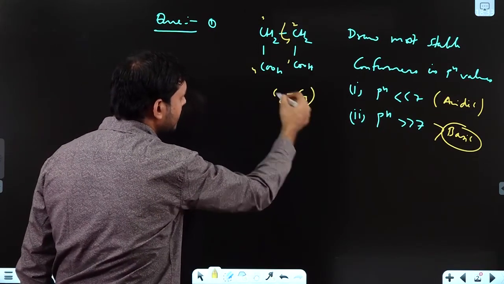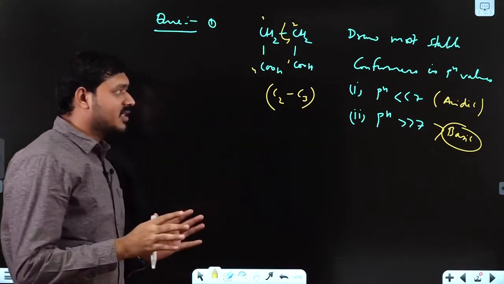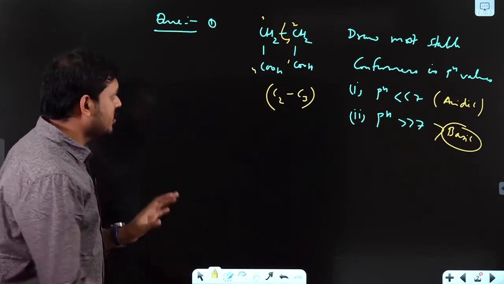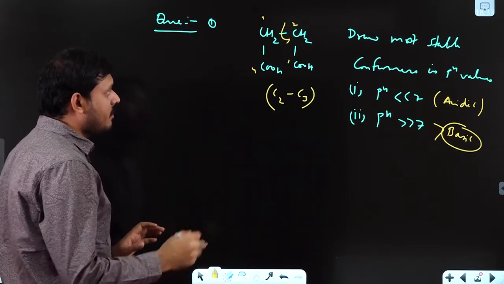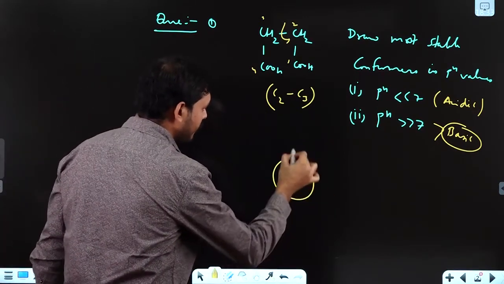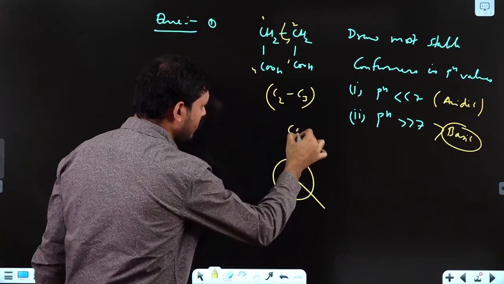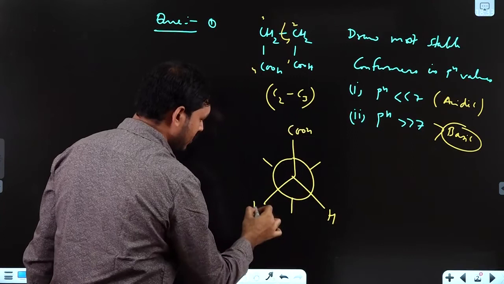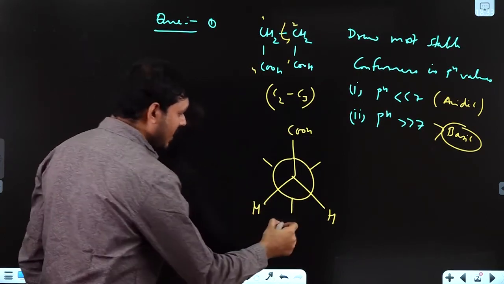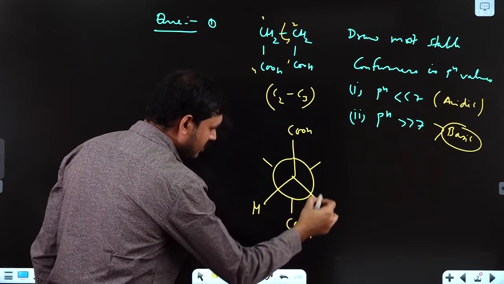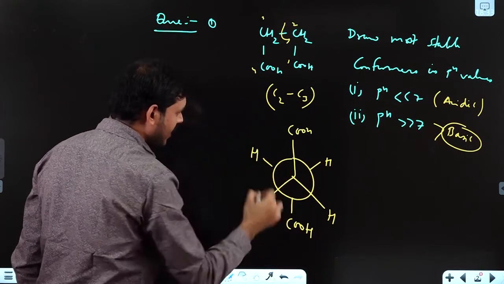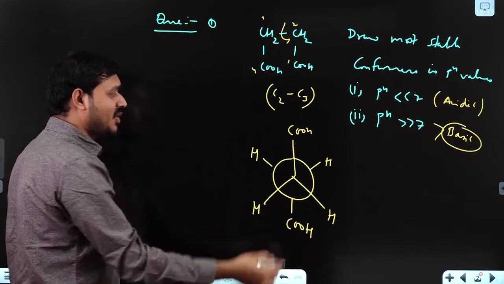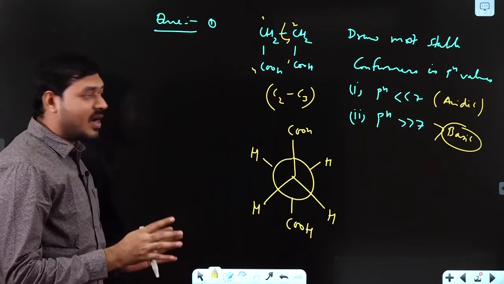Okay. Now if I say the solution is acidic, then it must be existing in this form only. So the most stable form will be obviously... I think students, you must be thinking that this will be the most stable form because these two are anti to each other, but here you are wrong. Why?